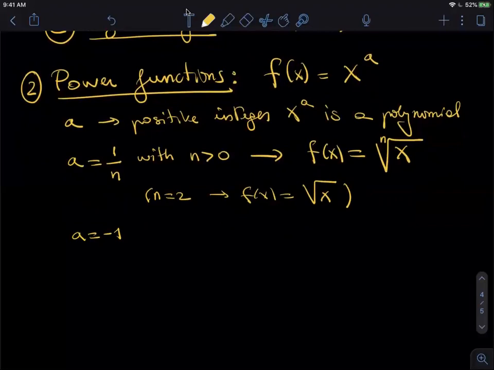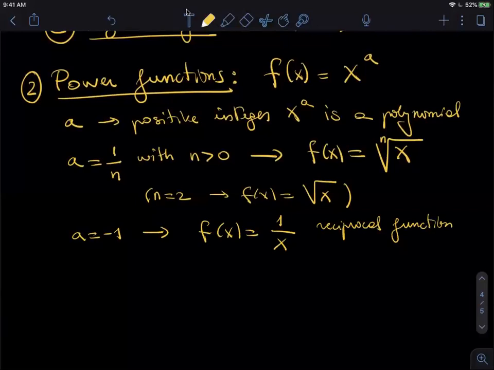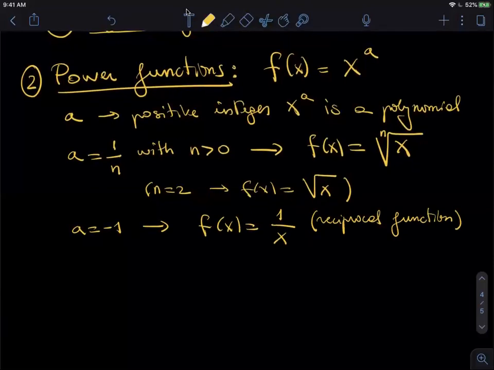With these three cases that I already wrote, we will be able to construct any other. If we have a negative 1 in the exponent, then f of x is actually a quotient, 1 over x. And this is the reciprocal function. So these are the power functions.